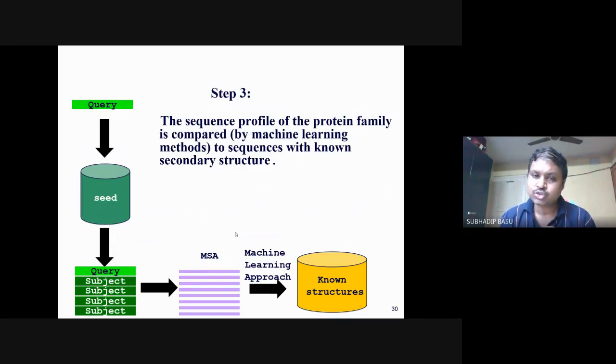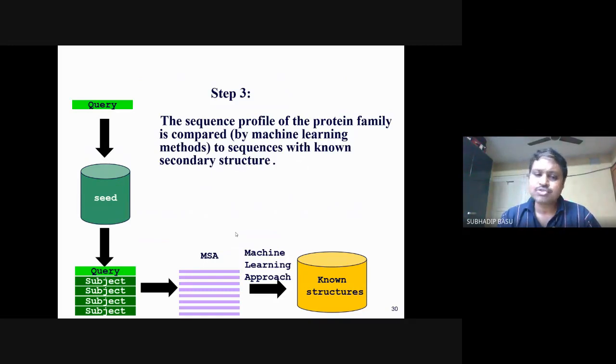Based on that alignment score, you extract a protein family, and if you have a query sequence of length n, you can extract a 20 cross n PSSM matrix from the query sequence using the multiple sequence alignment.